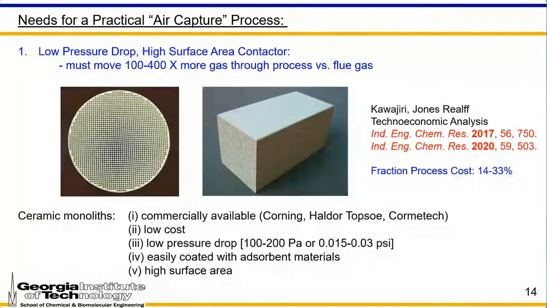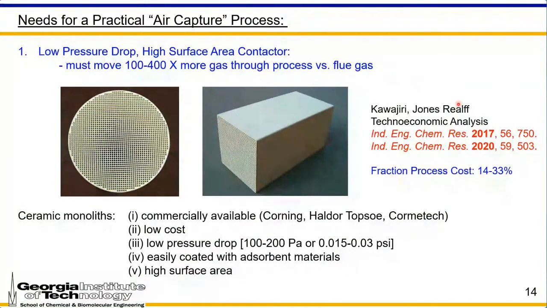So we'll begin with the low pressure drop high surface area contactor. Because of the level of dilution of the target gas molecule, in this case CO2, we need to process very large volumes of gas compared to a typical flue gas separation process. And what that means is that pressure drop is going to be a critical factor.